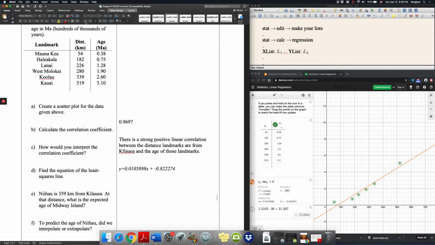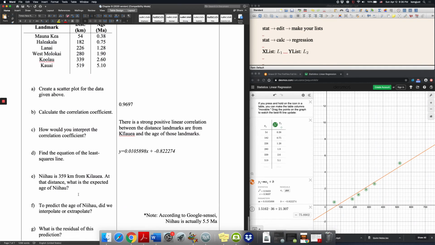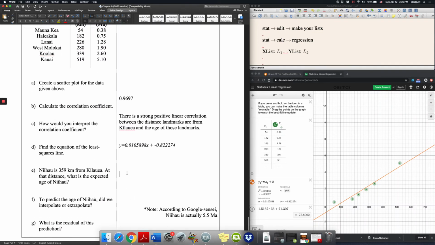Okay, next part says Niihau is 359 kilometers from Kilauea. So at that distance, what is the expected age of? Oh, sorry, another typo. I changed that. This is to Niihau. I'm going to update this when I send it to you guys. Okay. At that distance, what is the expected age of Niihau? So all I'm doing is inputting that into the formula I wrote above.